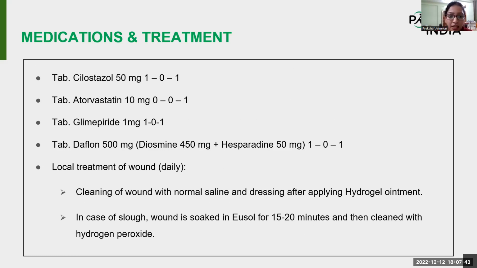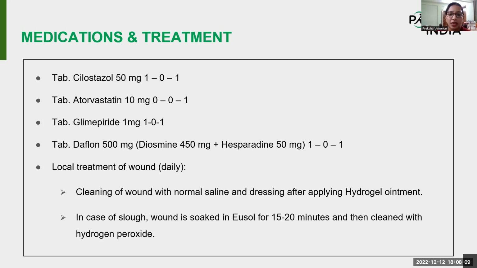The patient is currently on tab cilostazol, that is Stilose 50 mg BD, tab atorvastatin 10 mg HS, tab glimepiride 1 mg BD. Patient's metformin was stopped because of the rising creatinine levels. Patient is also on tab Deflon 500 mg BD. As of now, the patient's wound is dressed daily at the center.